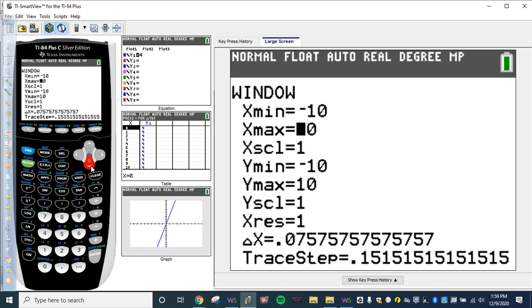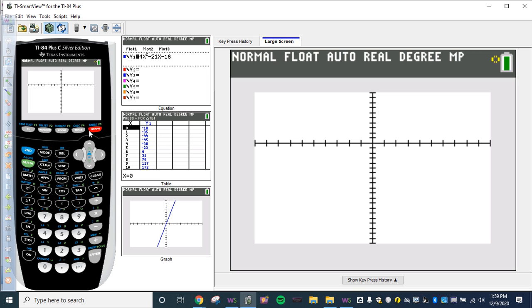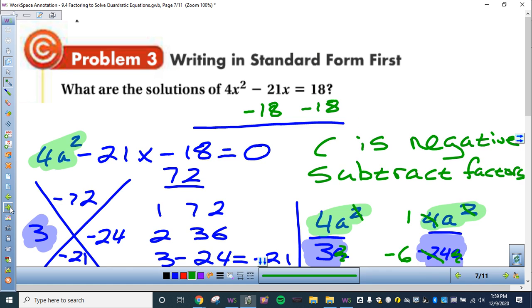So we got to switch our window so we can see the bottom of this thing. Right, so it's going to cross down at 0, negative 18, remember, because the C term is the y-intercept.